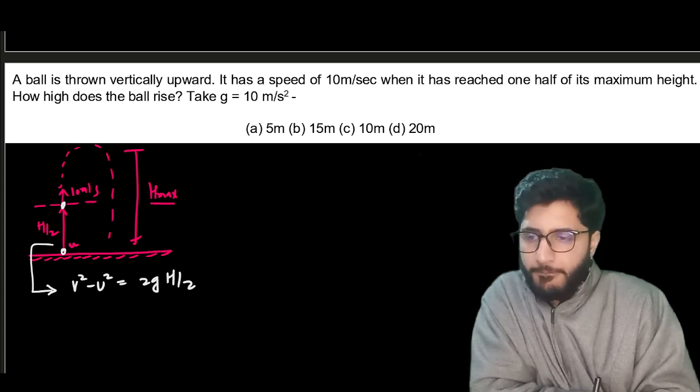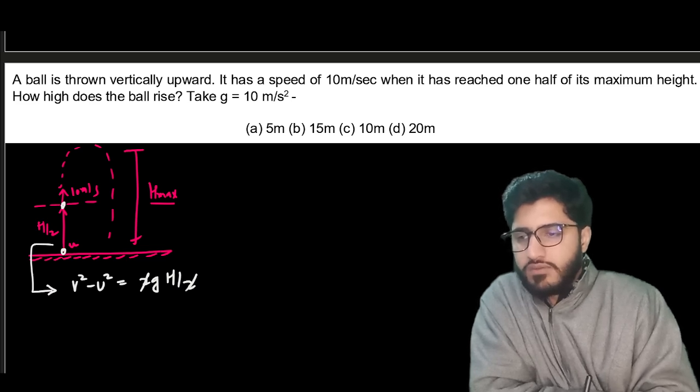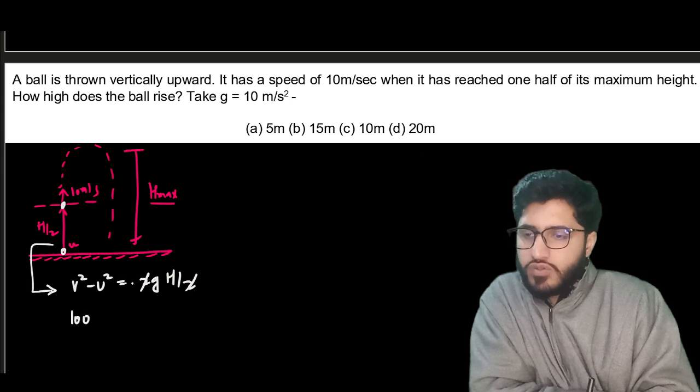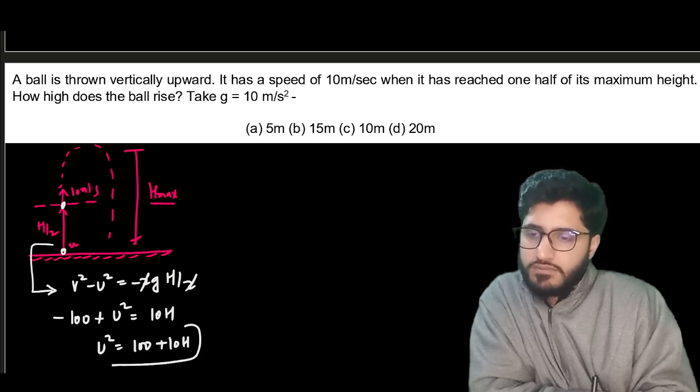So the 2 cancels out. v square is 10 squared, which is 100, but it is minus here, and g is negative, so I have 10h. So u square came out to be 100 plus 10 times h. That is one equation.